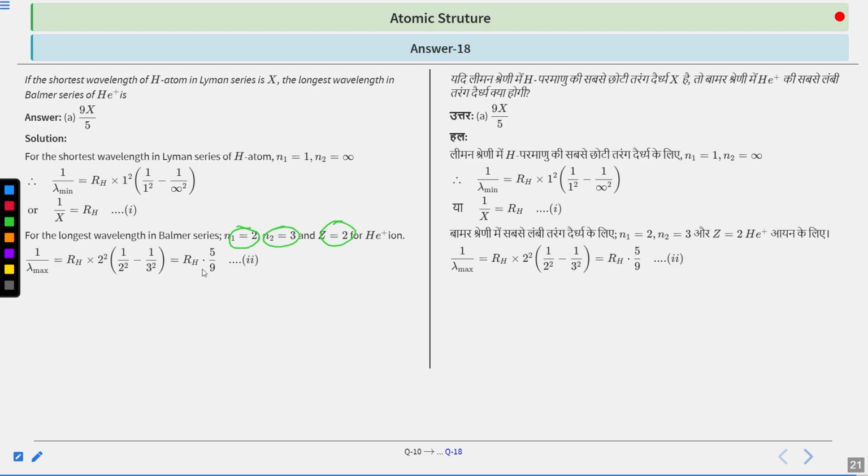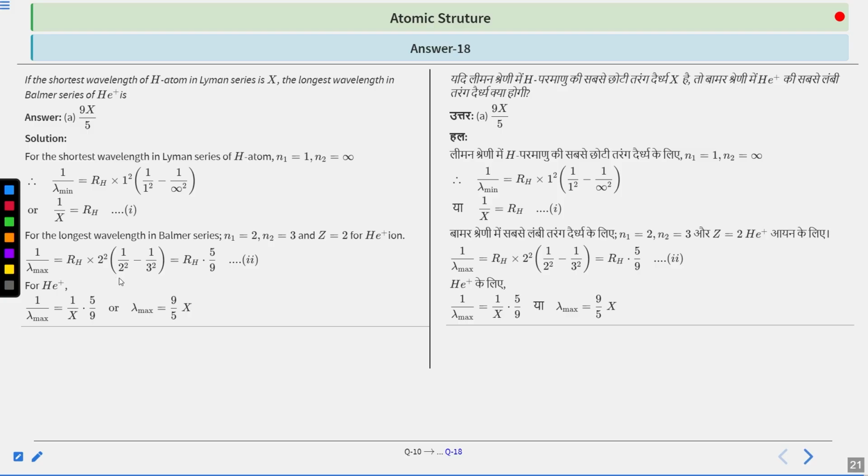That will give you R_H multiplied by 5 by 9. We have taken 2 square because helium has Z value 2. Now the R_H value we have already calculated as 1 by x, so we put it here: 1 by x multiplied by 5 by 9.